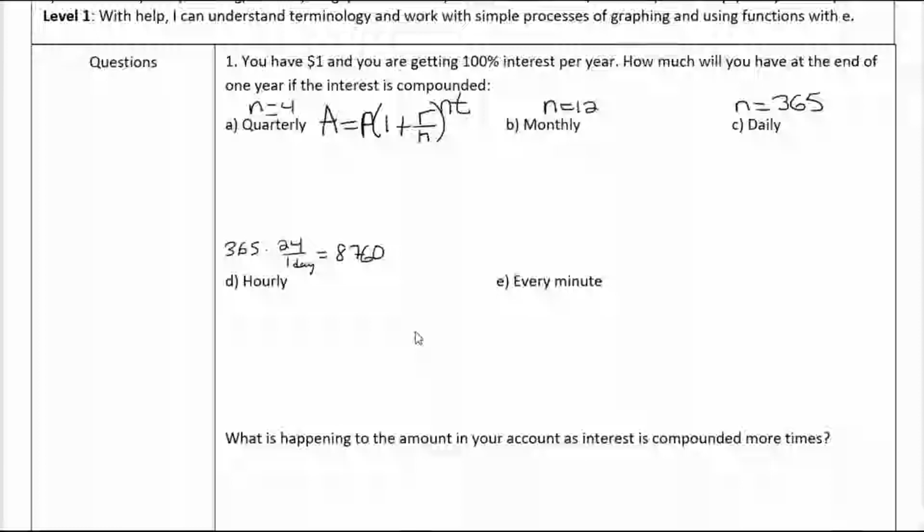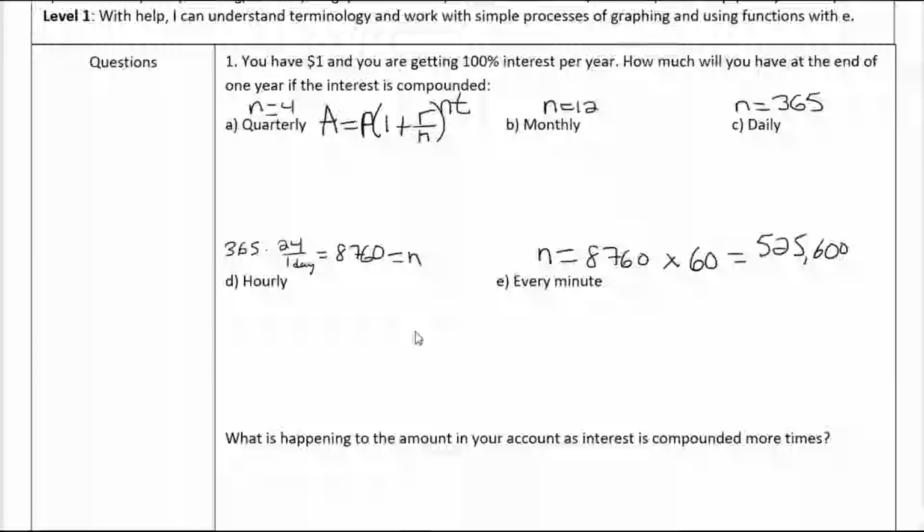All right, so that's how many hours there are in a year, and then we can use that for n. For every minute, well, you're going to have to take 8,760 hours in a year, and then each hour is 60 minutes. So that's 525,600 minutes. So that's how many times you're compounding in a year for that case.